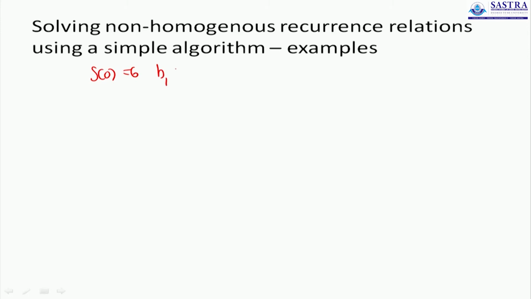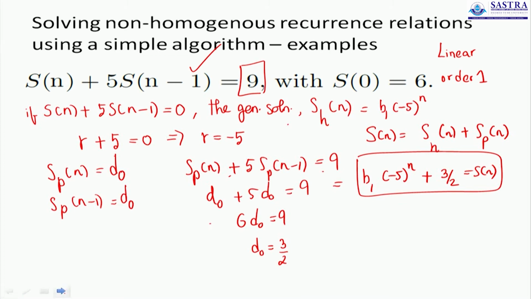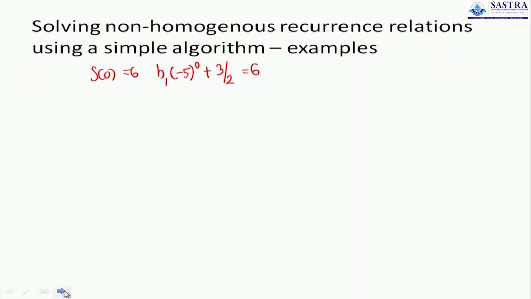So, b1 times minus 5 to the power of 0 plus 3 by 2 is supposed to give us 6, because d naught was determined as 3 by 2 and the addition of the 2 is the actual solution of the RR. So, when you use the value 0 for n, minus 5 to the power of 0 is going to be 1.